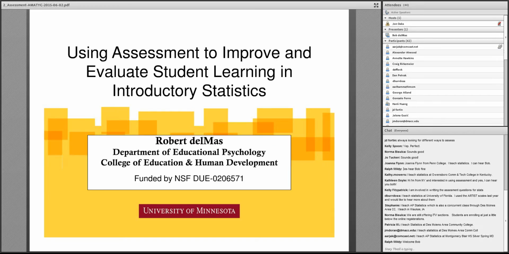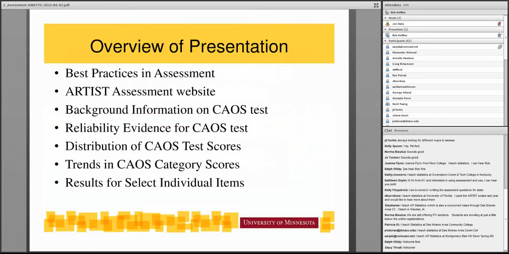Here is a little overview of what I plan to do in the next 40 minutes or so. A few slides on best practices in assessment and developing assessment items, a short overview of the ARTIST assessment website that I've developed with Joan Garfield, Beth Chance, and others.